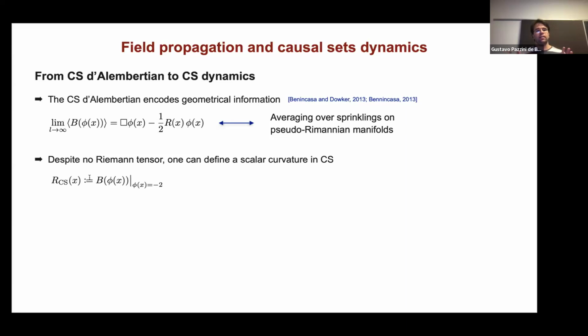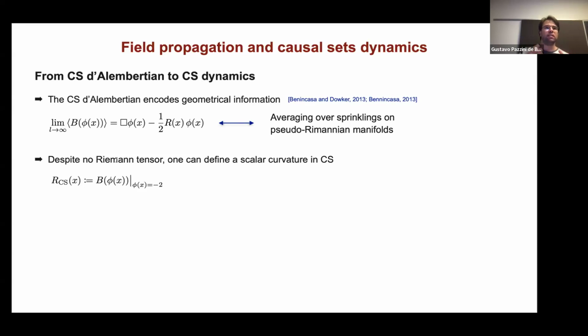The point here is that there is no Riemann tensor, since there is no tangent bundle to define tensors, so we cannot define a Riemann tensor in a causal set. We can still define something that corresponds to a contraction or a trace of the Riemann tensor, right? We first go to the Ricci tensor, and then to the scalar curvature.